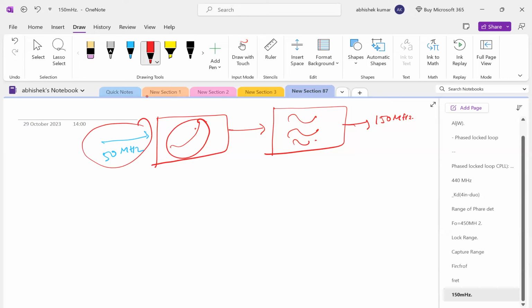Okay, and how we can do frequency addition and subtraction, we can see.